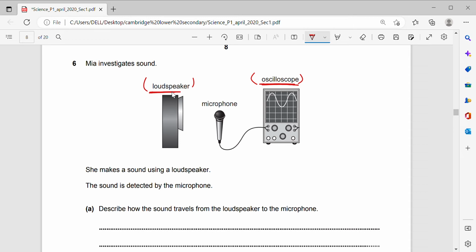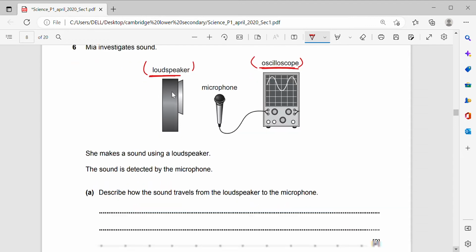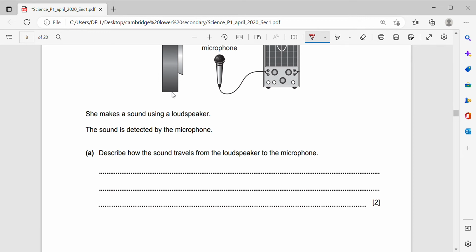The air particles vibrate. Here the question says describe how the sound travels. I need 2 marks. I need to write 2 points.